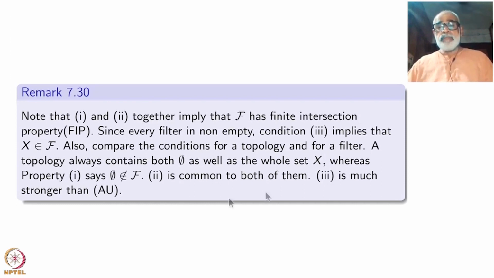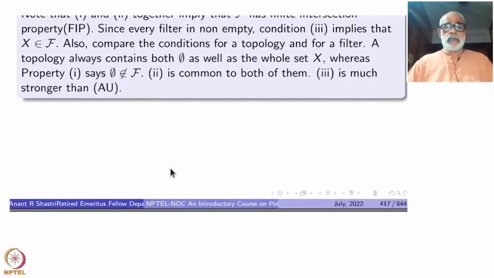The third is much stronger than the third property of a topology, namely arbitrary union of members of tau is inside tau. So it looks like you have replaced it, but this is very strong. Even if one member is there, supersets, there will be unions of those, they will be there. So this is much stronger than being a topology.